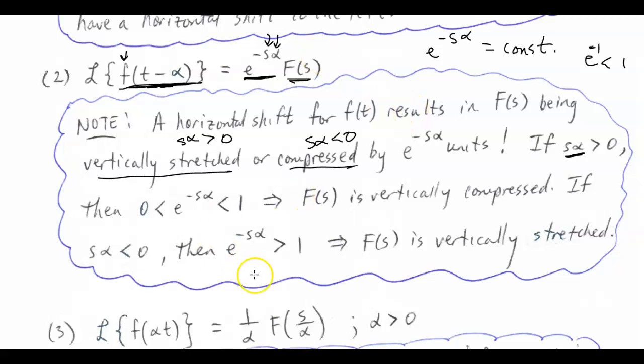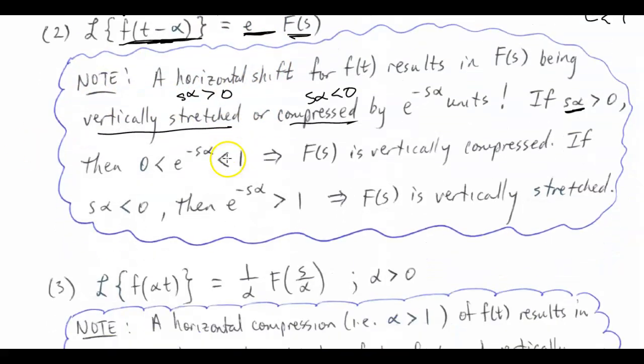And so again, the main thing here: a horizontal shift in the time domain means that we're either doing a vertical stretch or a compression in the frequency or Laplace transform domain. Depending upon the quantity of this particular number, if it's positive, then it's a vertical stretch. If it's negative, then it's going to be a vertical compression.